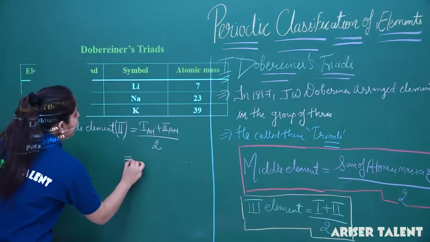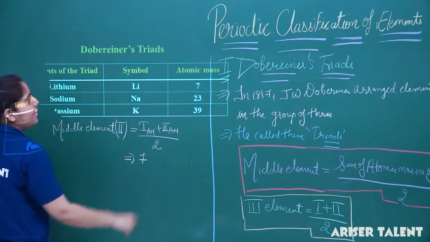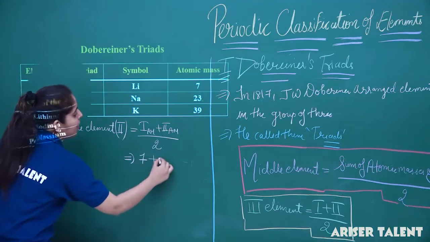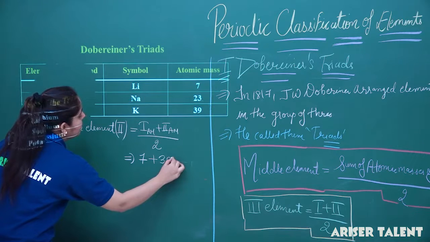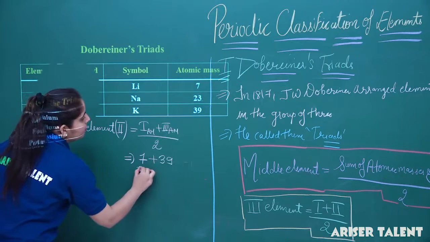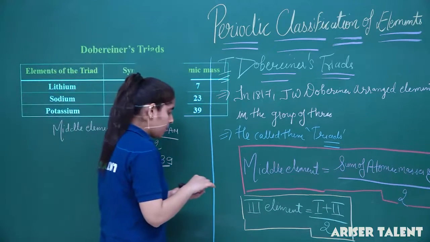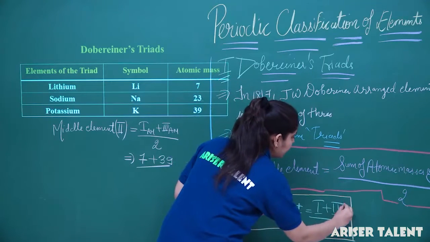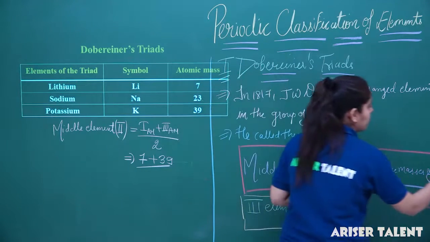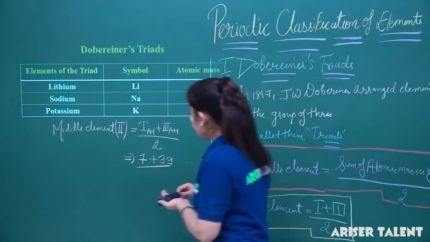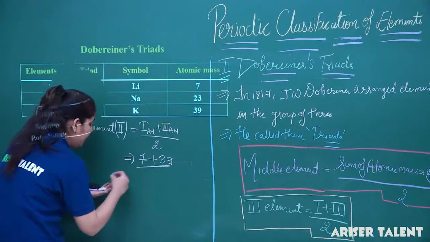So the first element is lithium, that is 7. Atomic mass for the third element is 39. Here we have to write first and third element. Now it must be divided by 2.